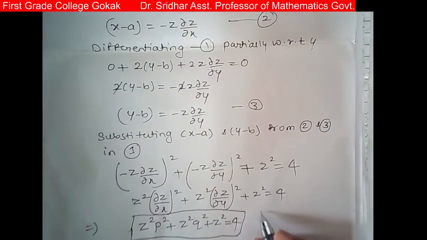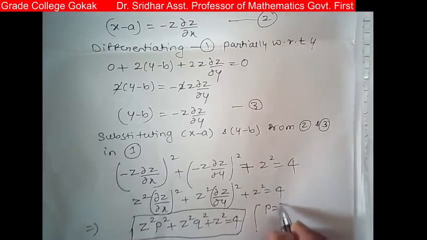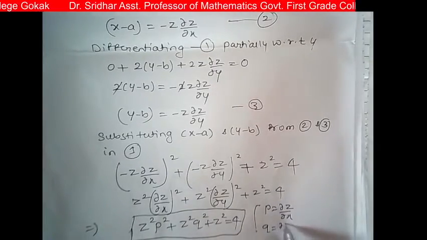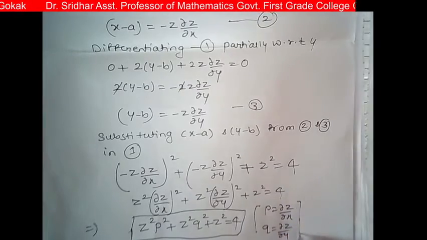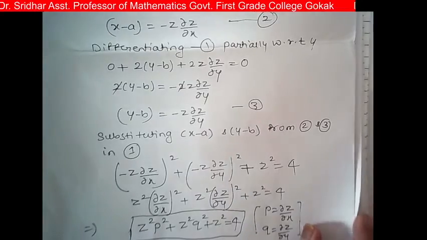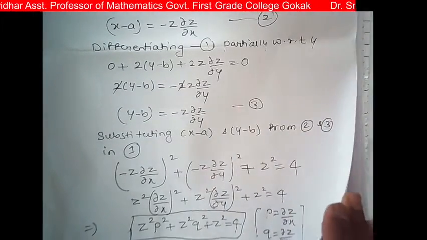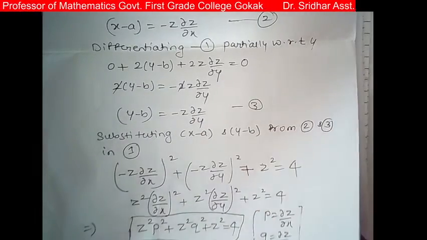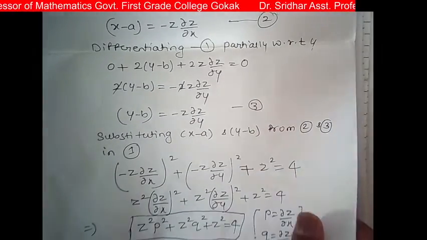Here p is dou z by dou x and q is dou z by dou y. Okay, so this is how we form a partial differential equation by eliminating arbitrary constants.